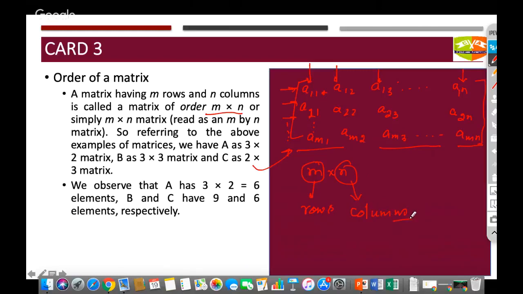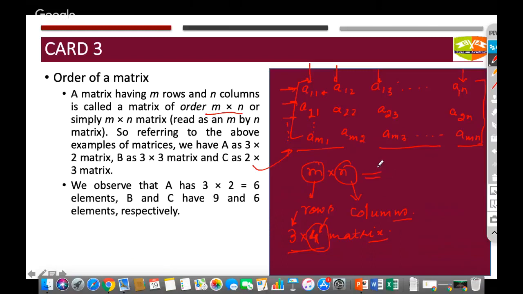There was a question in which, in a 3 into 4 kind of matrix, how many rows would there be? I could see students making a lot of mistakes in this. Some had written that there are 4 rows and not 3 rows. So always remember, the first one is the number of rows and the second one is the number of columns.